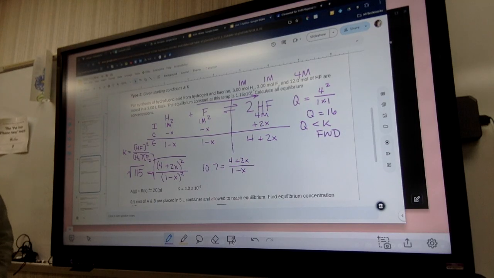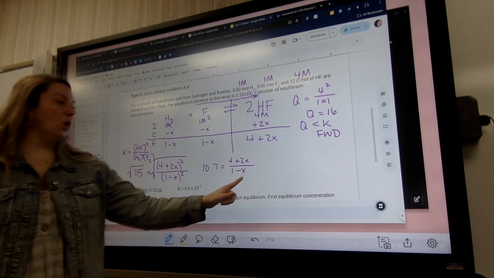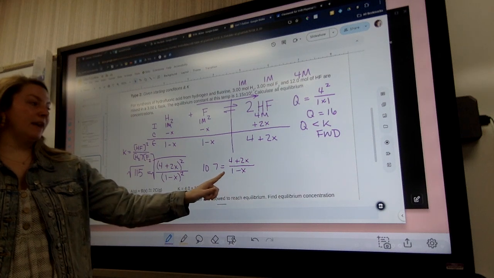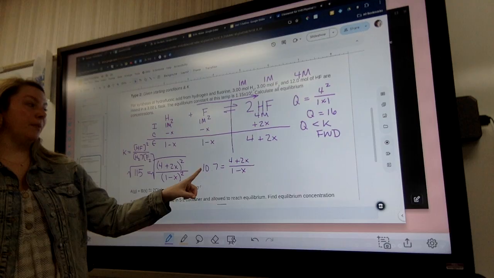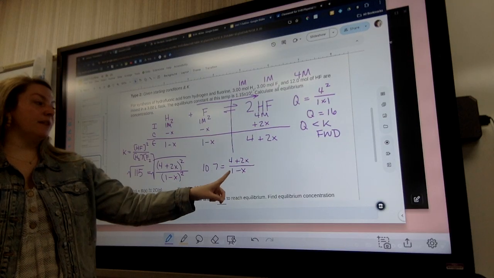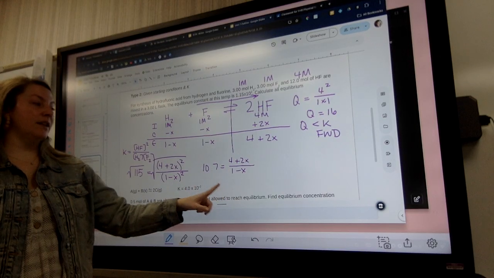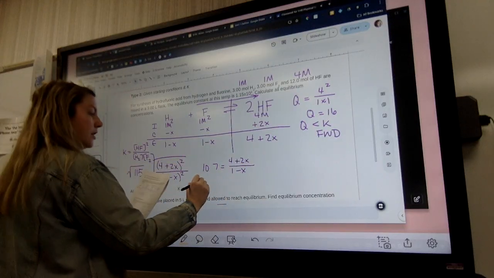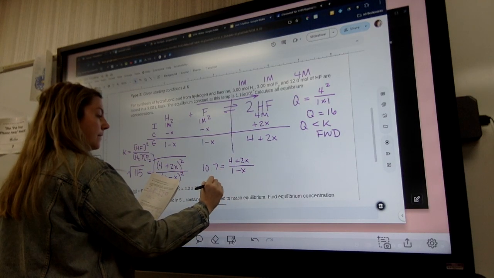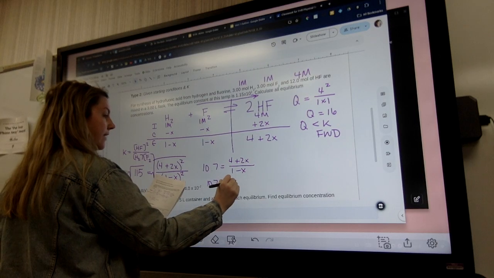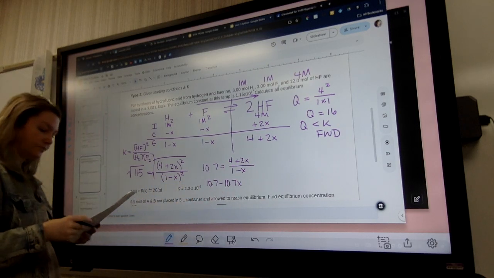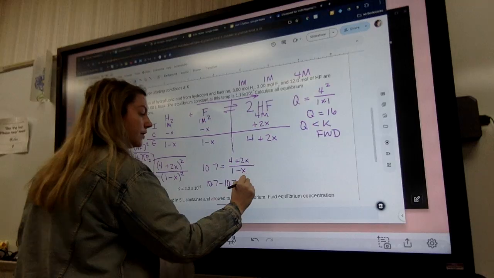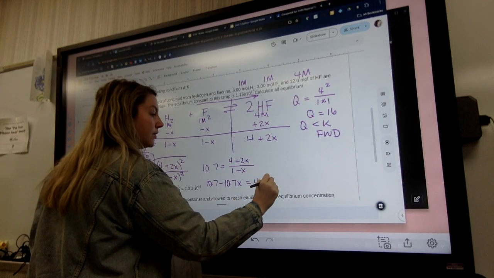Okay, so we do have some algebra here. I'm going to multiply over this whole expression, so the 1 minus x, so I have to do the distributive property. So it'll be 10.7 times 1 and 10.7 times negative x. So I'm going to write it under here. So 10.7 minus 10.7x equals our 4 plus 2x.